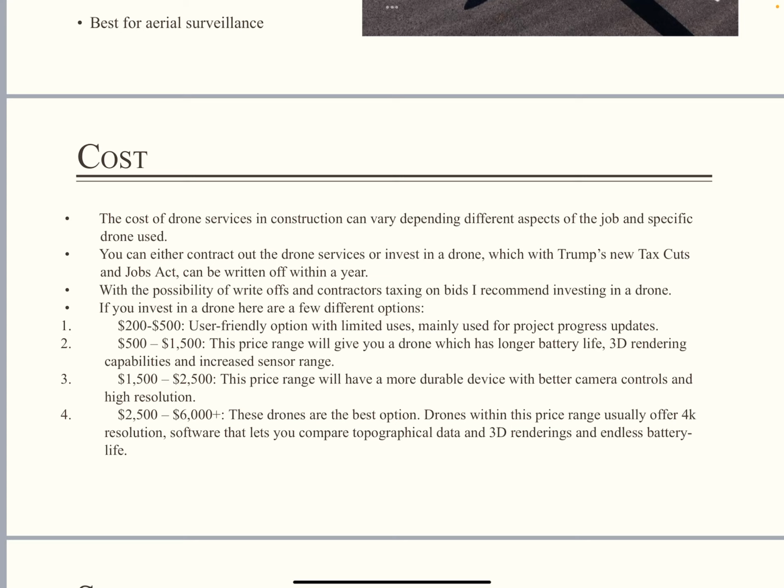And 2500 to 6000 is the most recommended price range. These drones usually offer 4K resolution, software that helps you compare topographical data with 3D renderings, and remotely basically endless battery life.